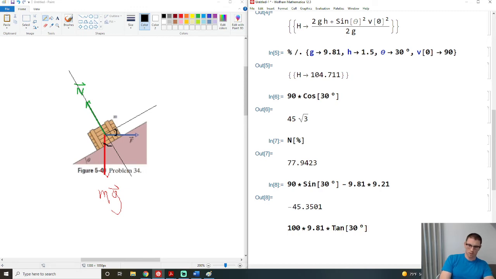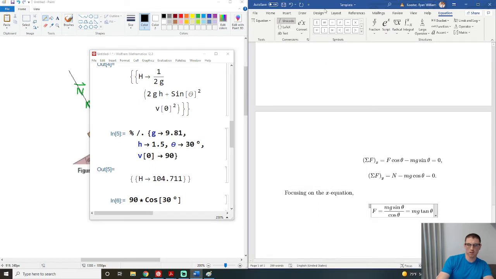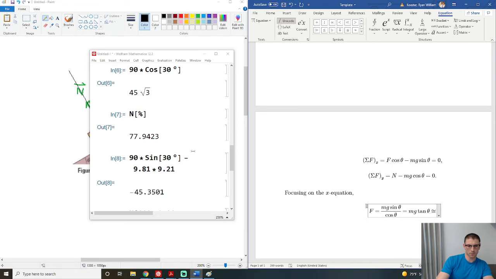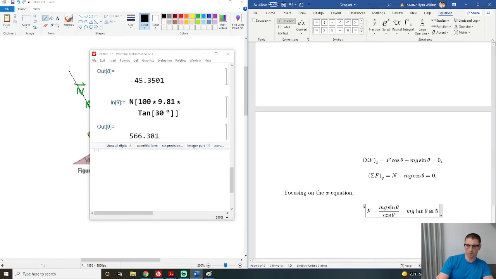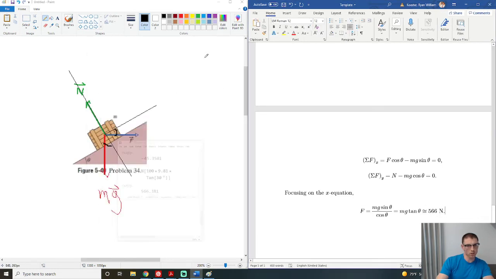I want to remember to tell Mathematica to give me a decimal, not the exact value. Okay, so let's say 566 newtons approximately. Does that all make sense? Is this one good? Are there any questions about it?